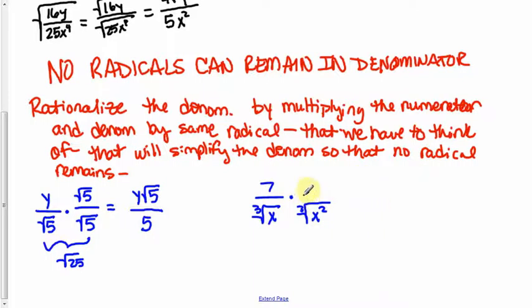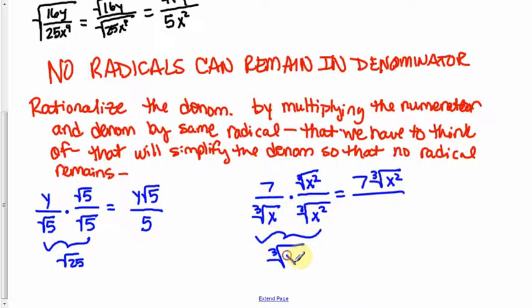So that is why you have to reason through it. So it's the cubed root of x squared. Your answer on the top is 7 times the cubed root of x squared. It cannot be simplified. On the bottom, you get the cubed root of x cubed, which is just x.